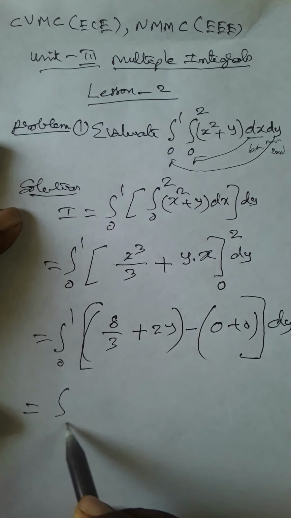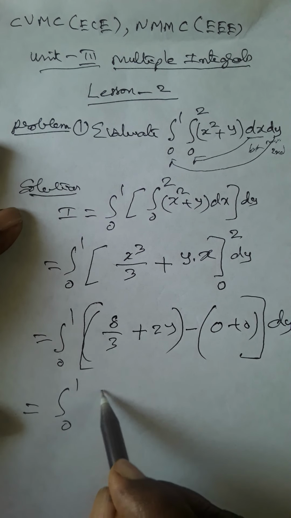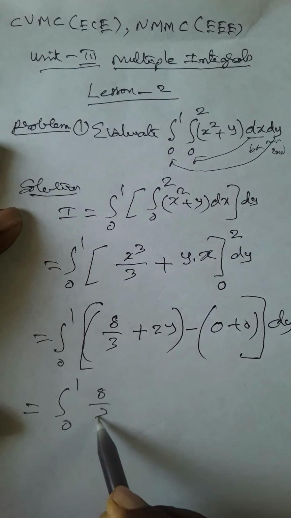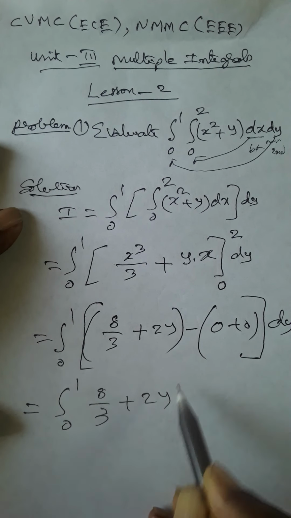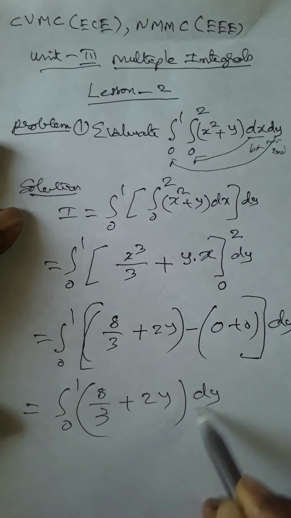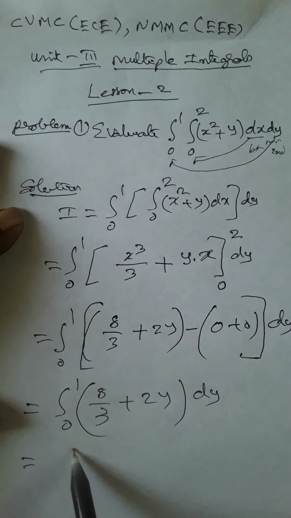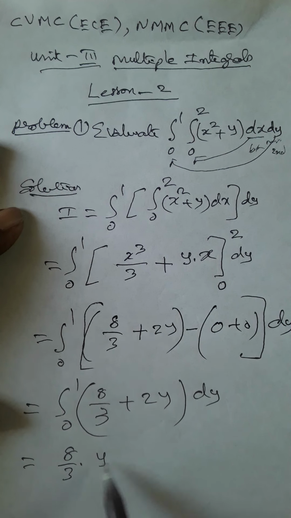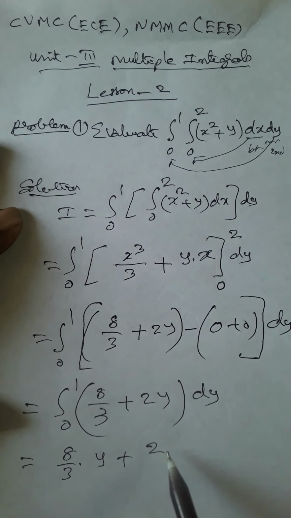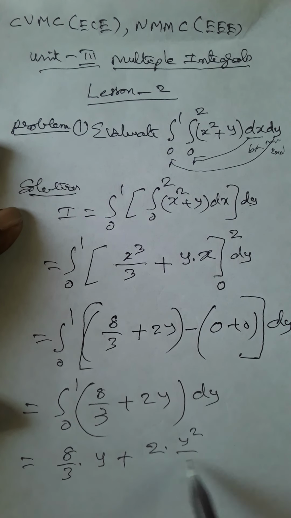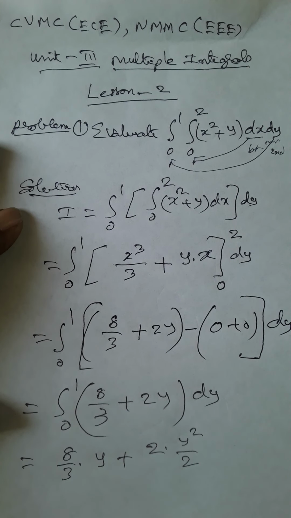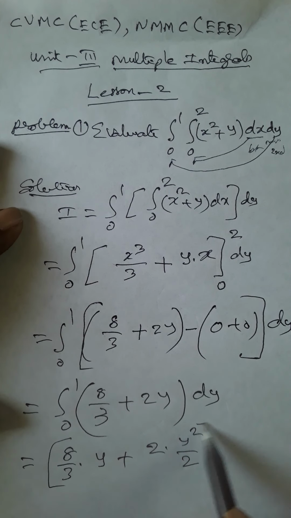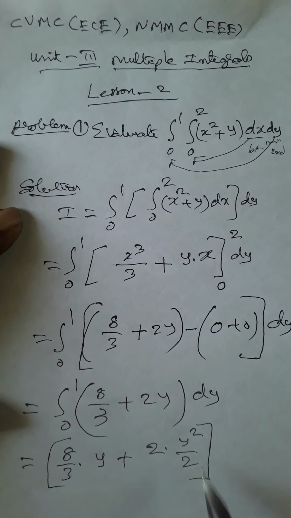Now the remaining one is integral 0 to 1, 8 by 3 plus 2y dy. 8 by 3 integral dy is y, plus 2 into integral y square by 2, by the formula x power n plus 1 by n plus 1. 0 to 1.